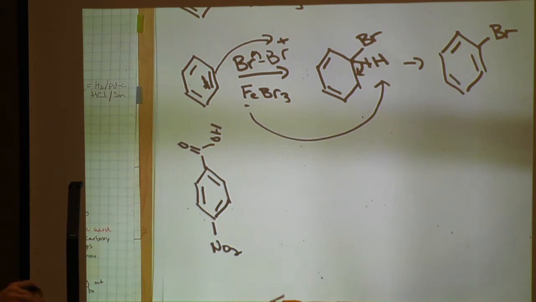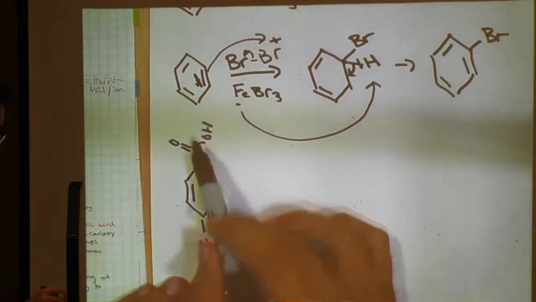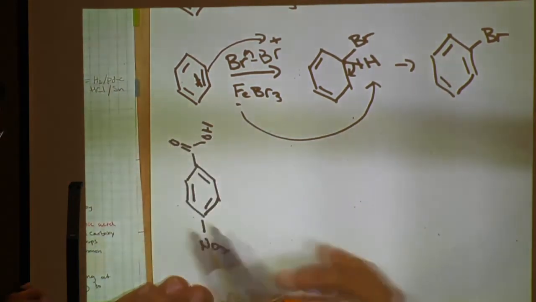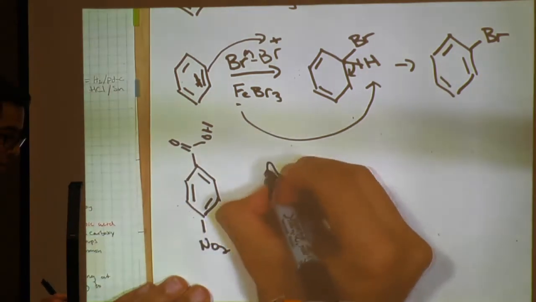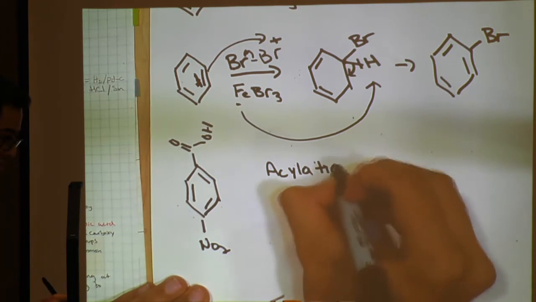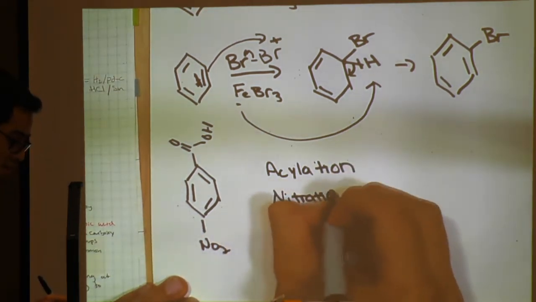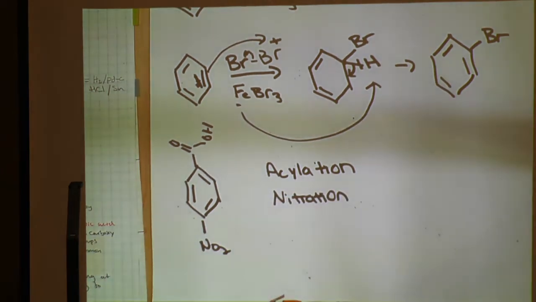So just off the bat, once you get used to it, you already know from the substituents that are attached that acetylation has occurred. Yeah, and nitration. So the question is, what order do they happen in?